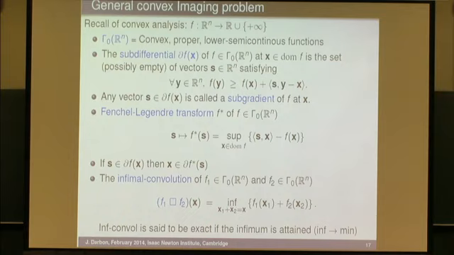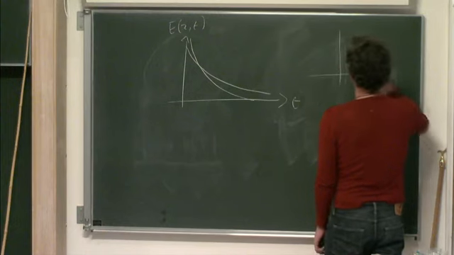Then we need to generalize the notion of a differential, because we want to be able to tackle convex energies or convex priors that are not differentiable. And you introduce the notion of subdifferential. Let me do an example for L1, the absolute value.